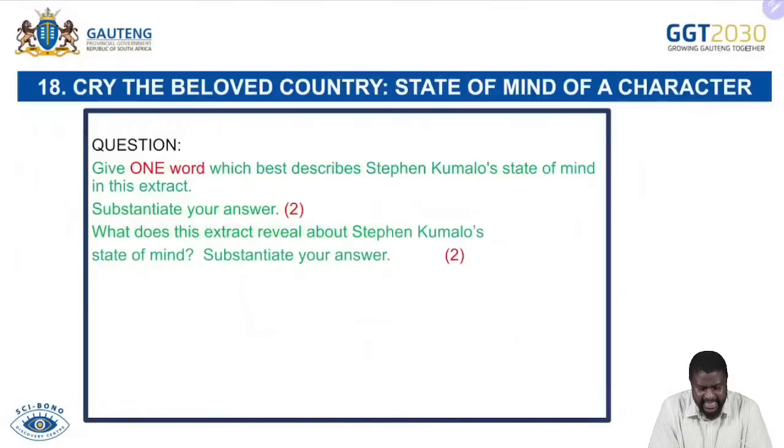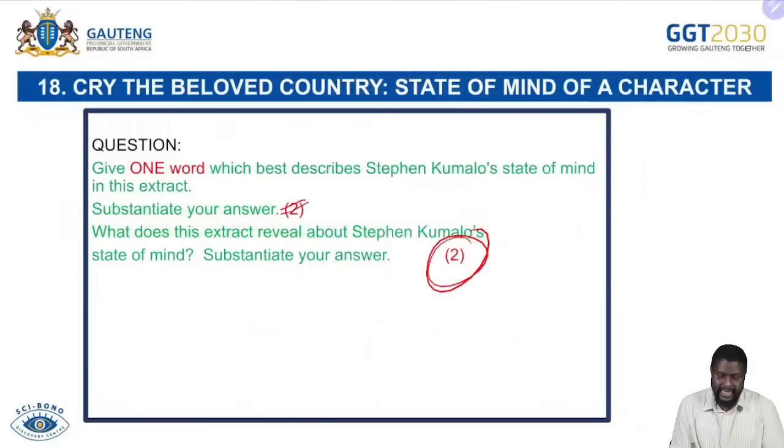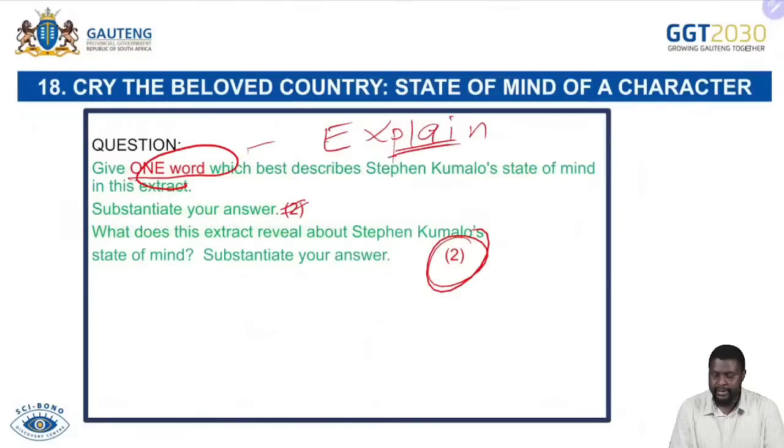What does this extract reveal? Remember, this is one question. Forget the marks here. What does this extract reveal about Stephen Khumalo's state of mind? Give one word and explain. You must explain. There you get your second mark. 1 mark for the word and 1 mark for the explanation.